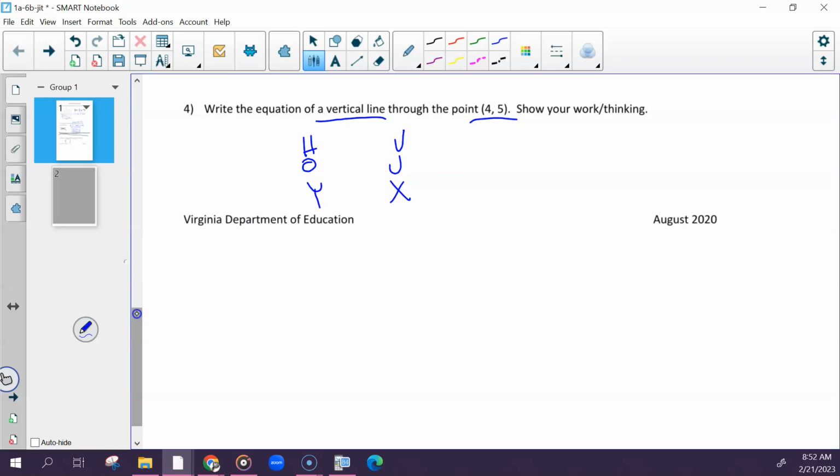X. So then from there, you're just looking at what is your X value in this ordered pair. So we know it's an X, we know it's a vertical line, we know our X value is 4, you put all that together and you get X equals 4.